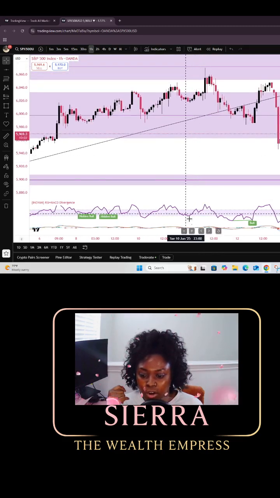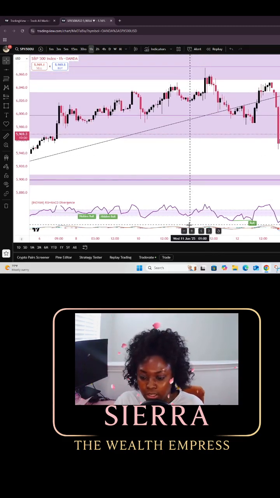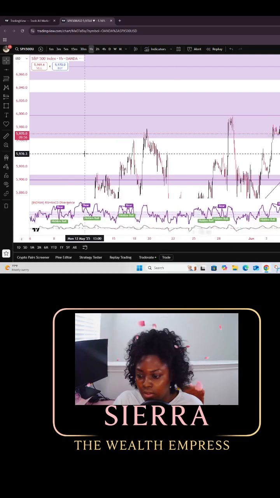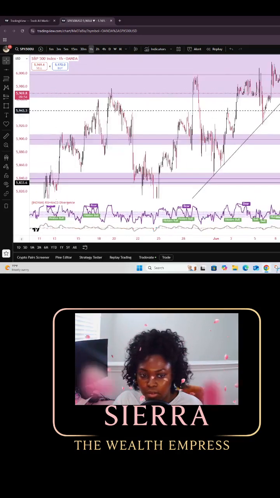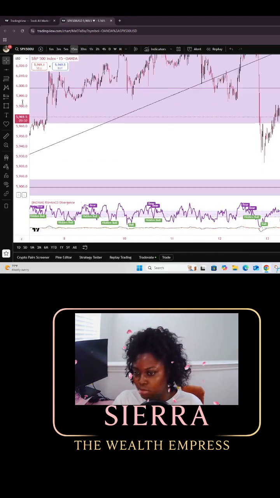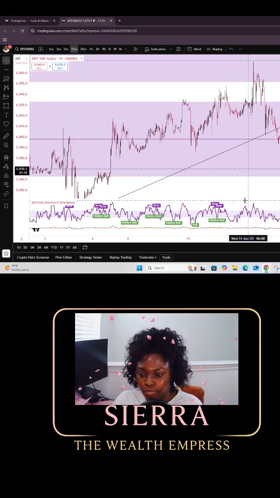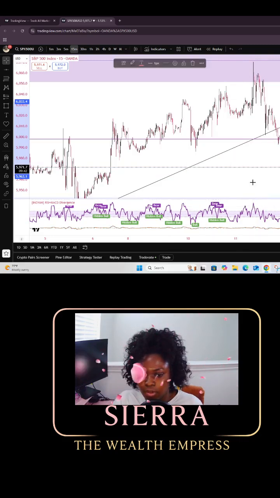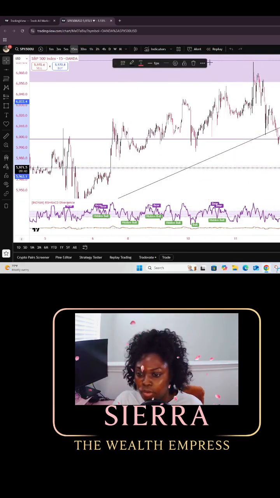So this is current price action for SPX, and then I'm going to take away the background on that one.